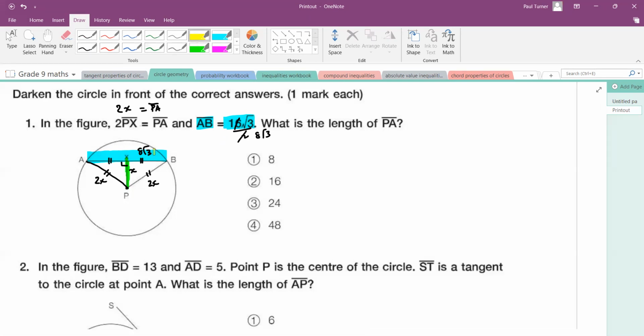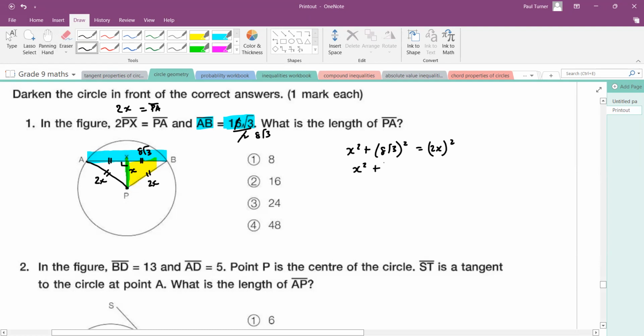So now you see we have a triangle here. We can use Pythagoras to calculate x. So let's make an equation. We'll have x squared plus 8 root 3 squared equal to 2x squared, just using Pythagoras's theorem. So you're going to have x squared plus 8 squared is 64, root 3 squared is 3, and this will be equal to 4x squared when you expand the bracket.